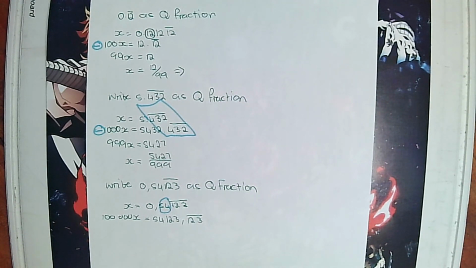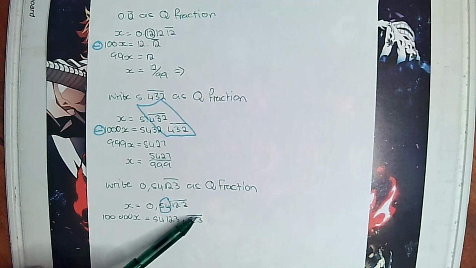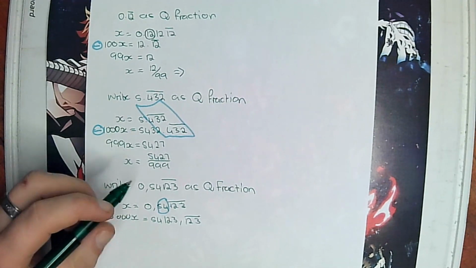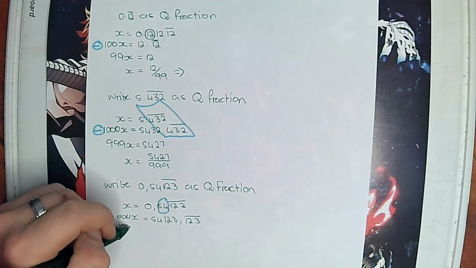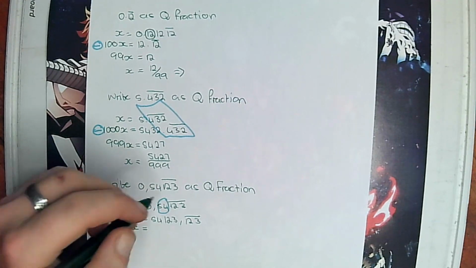Now the reason I say sort of is because what I want to reiterate is your first goal should be to isolate the 0.123, and we have done that once. But as you can see, we can't really get rid of that repeating decimal yet. So what we now have to do is multiply by 100, which is going to equal 54.123 repeating.